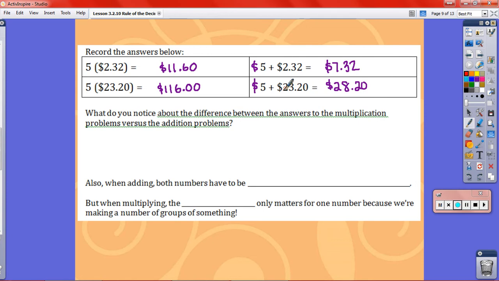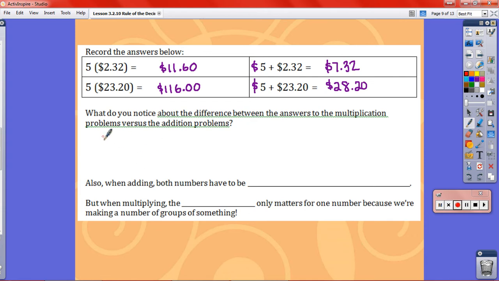And I make it specific. What do these have in common that these do not have in common? And students usually, somebody gets to, well, this one has the same numbers, but the decimal's in a different place.